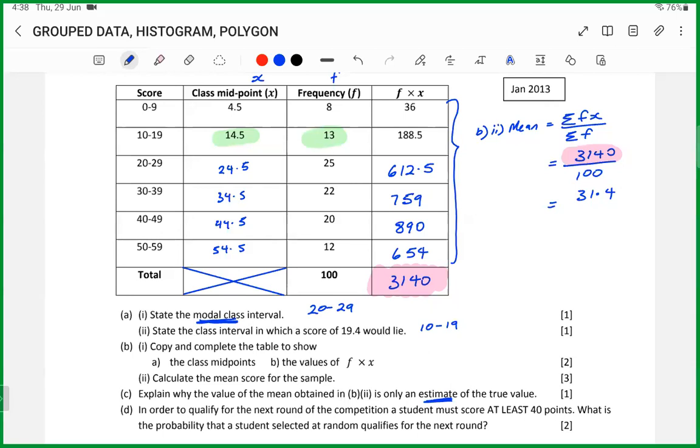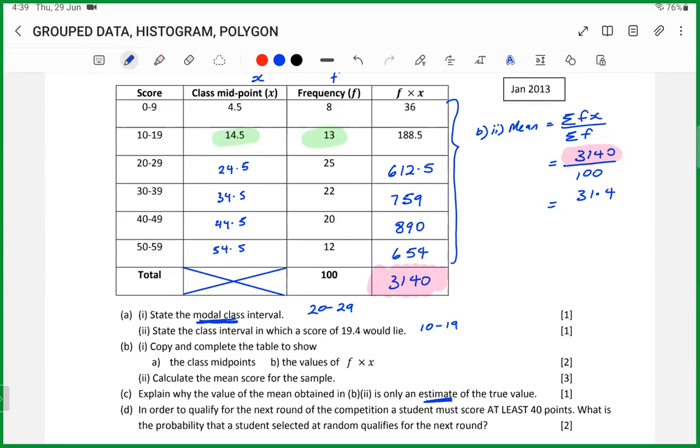If I took the raw values, the list of all 100 scores, added them up individually instead of using the grouped data, and then divided by 100, I would have gotten something close to the 31.4, but not necessarily the same thing.